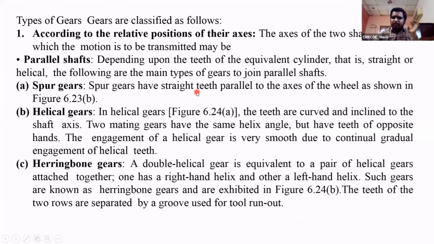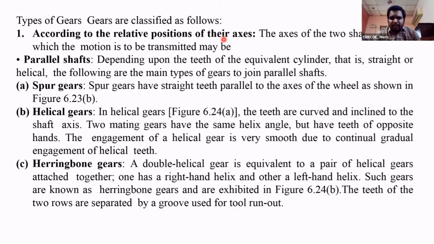Now we see the different types of gears. The main purpose of a gear is to transmit the motion from one shaft to another shaft. We have a classification according to the relative positions of the axes of the shafts. First is the classification based on parallel shafts.